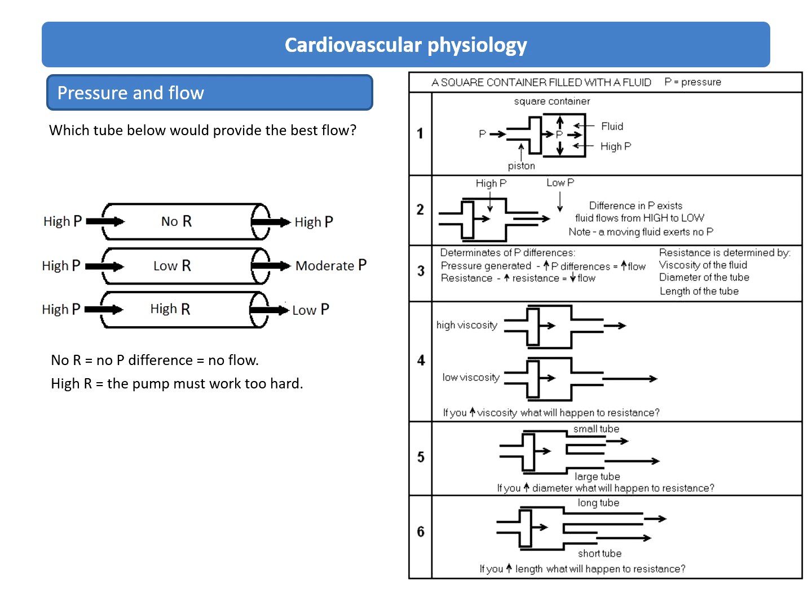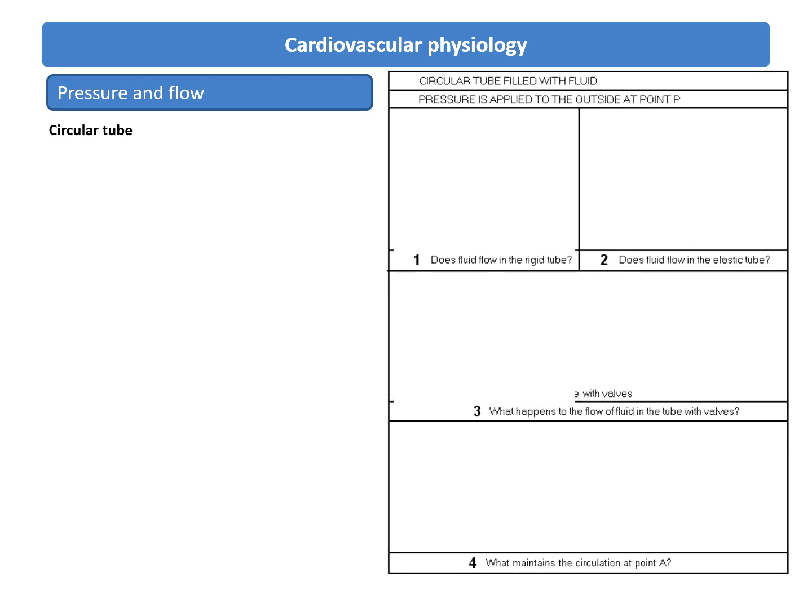The bottom tube, you might say, would have the best flow because there's a big difference in pressure, high resistance. Yet, in this case, the pump has to work too hard to get the fluid moving. So the middle tube is the best. There's a difference in pressure from high to moderate, so fluids will flow from high to low, but the pump doesn't have to work too hard to accomplish this.